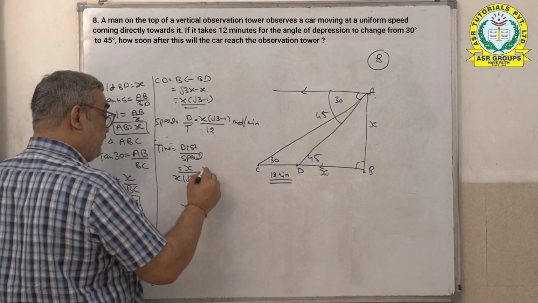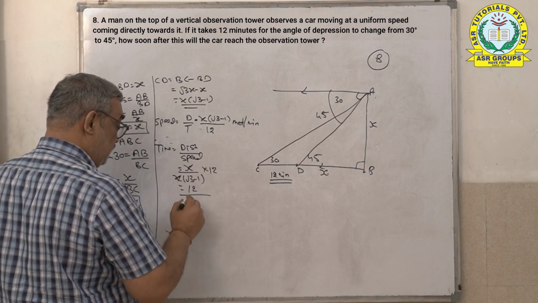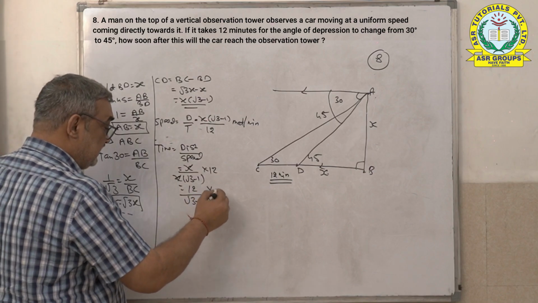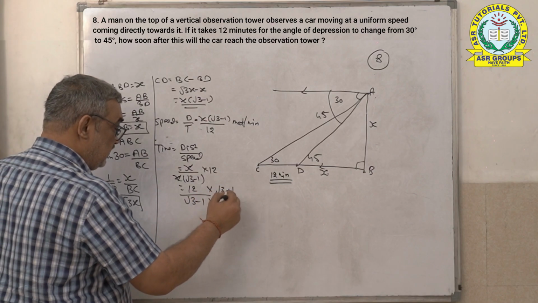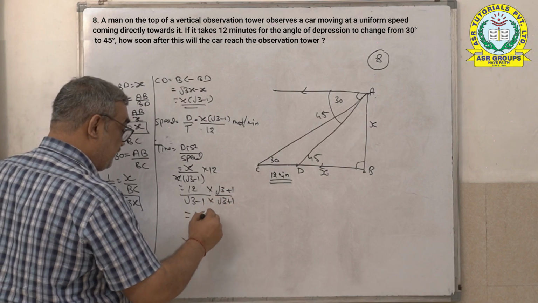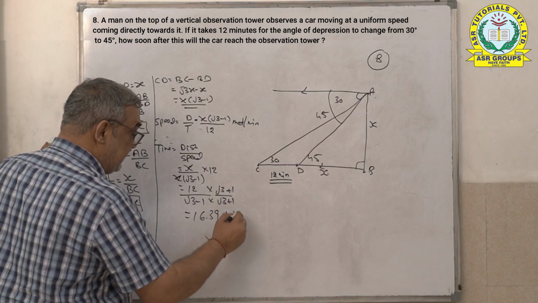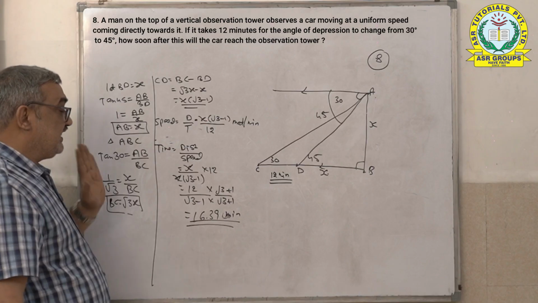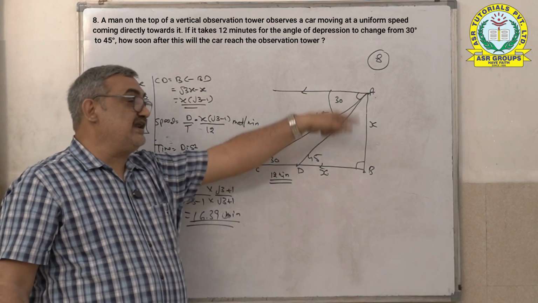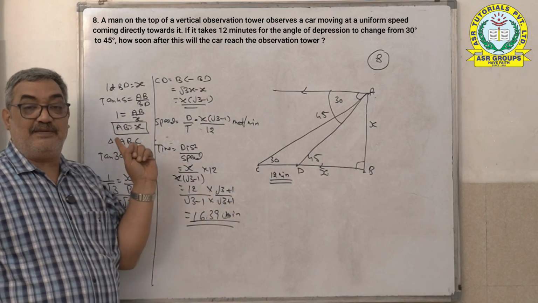This 12 goes up, 12 upon. Now we'll rationalize. Calculate: 16.39 minute is the total time the car will take to travel from D to B. Then he can come down and meet his friends. Got it? This is a very important sum.